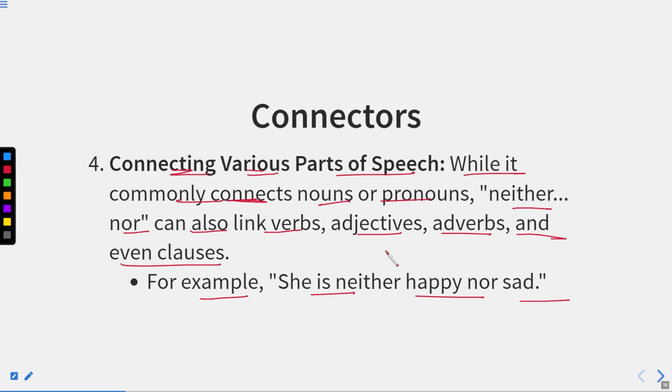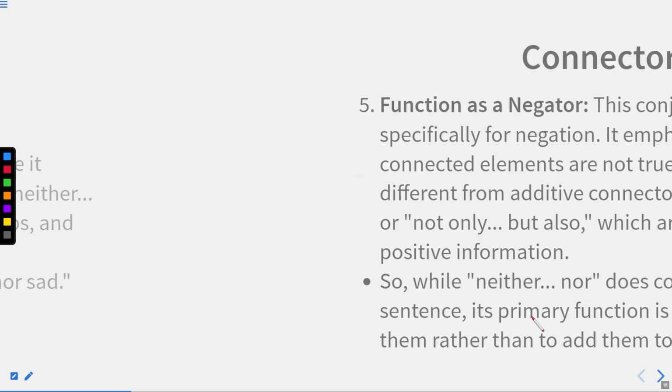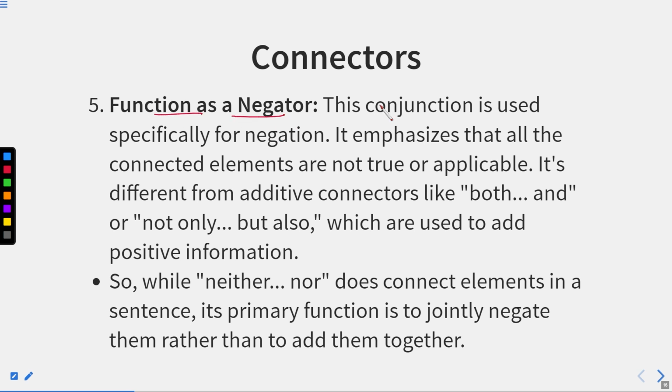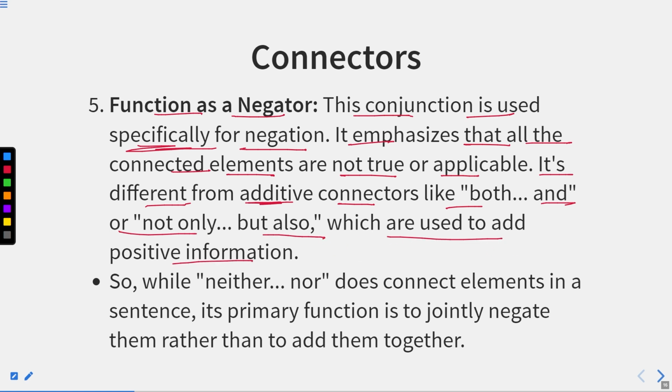Okay, so here we are connecting adjectives, happy and sad. Function as a negator. This conjunction is used specifically for negation. It emphasizes that all the connected elements are not true or applicable. It is different from additive connectors like both and, not only but also, which are used to add positive information.